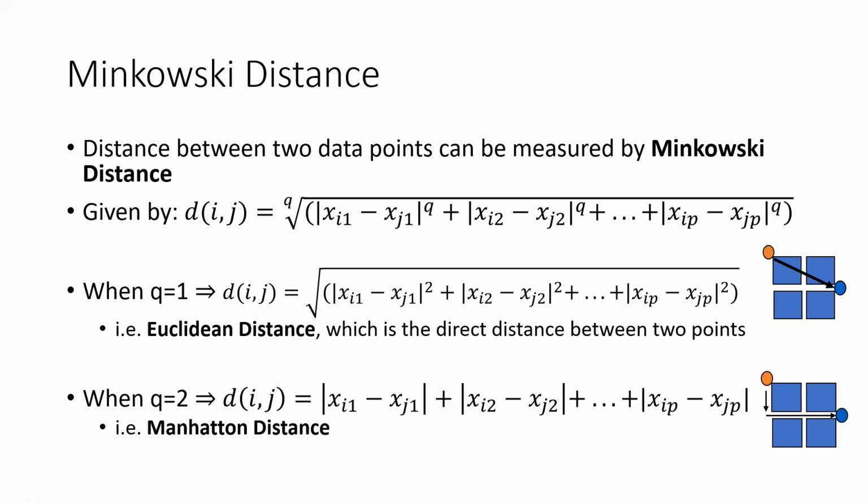So not only q equals 1 and 2, you can take many different values for q and get different measures between two data points in a multidimensional vector space, according to the requirement. So this Minkowski distance is a generic form of measuring the distance between two data points in a vector space.